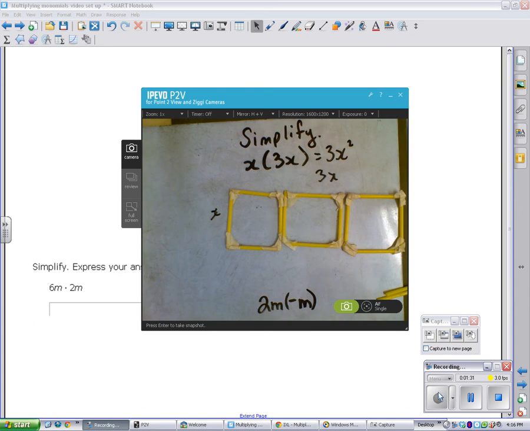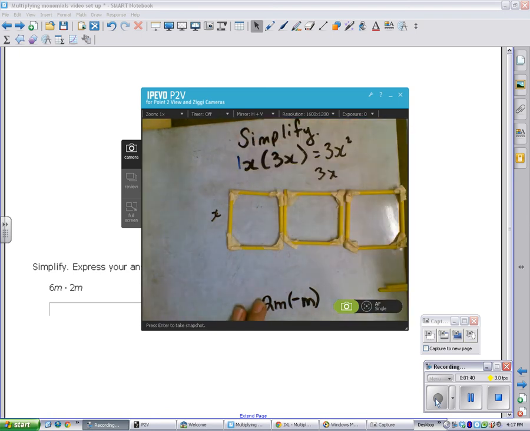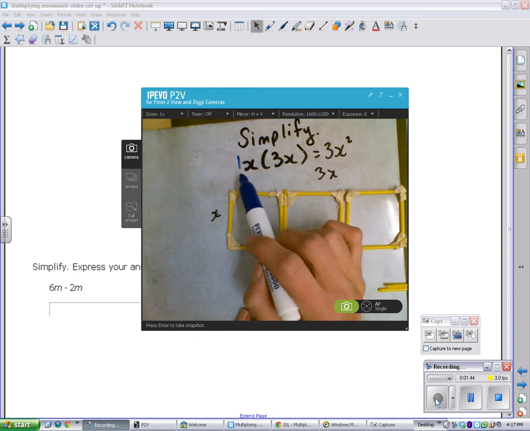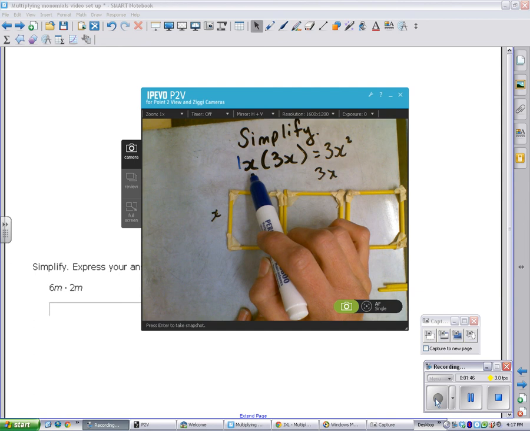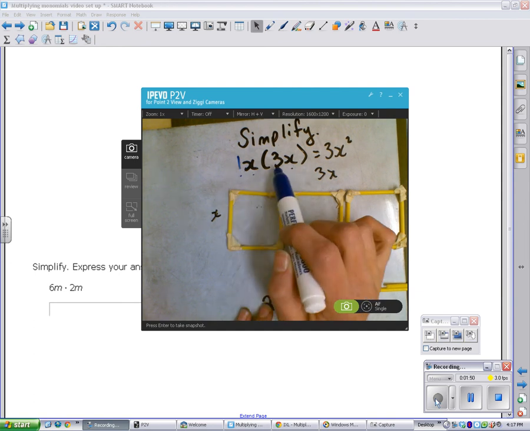Now how can I do that algebraically without my model? So algebraically I might think that I actually had 1x here, and so each term has the coefficient, so that's the number, as well as the variable. So both of these have the variable of x, and one has a coefficient of 1 and the other has a coefficient of 3.